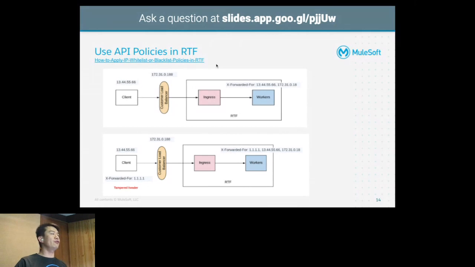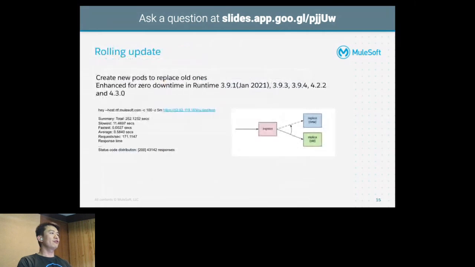So next is about rolling upgrade. When we deploy applications in the RTF, we do it in a rolling fashion, and that means we create a new pod, and when the new pod is ready, we replace the old ones.